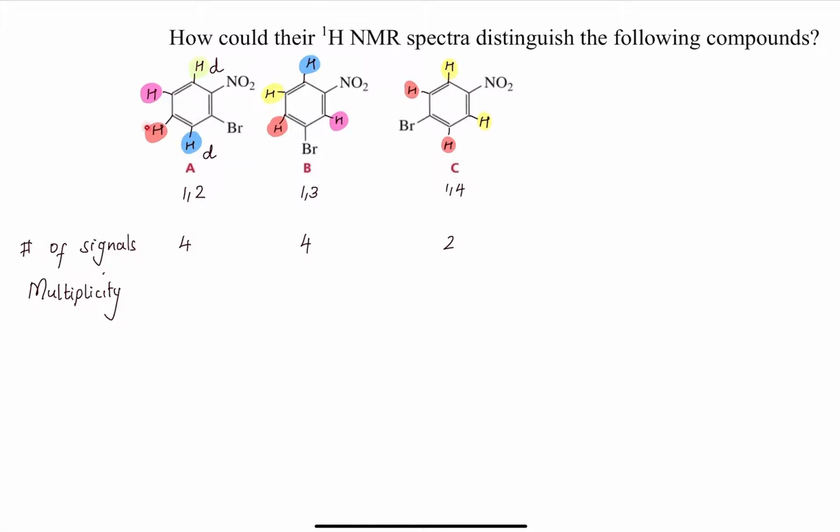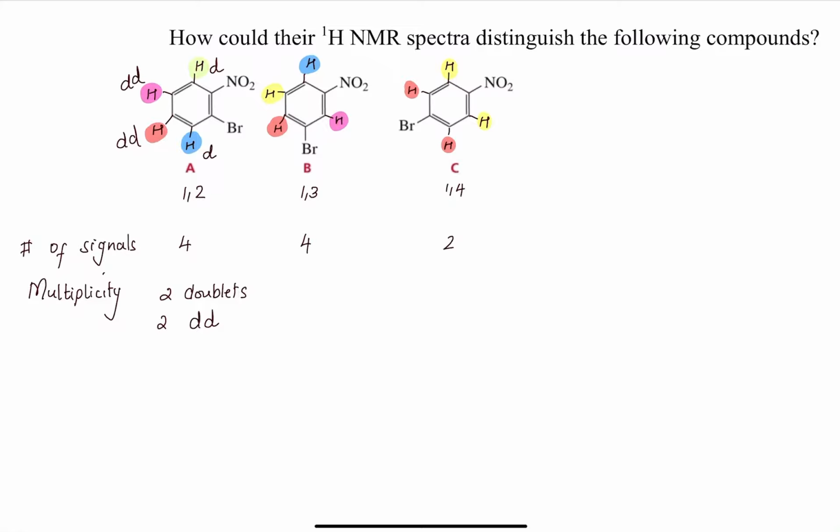So it's going to be a doublet of doublets, and the same thing happens for this hydrogen as well, because of the 2 neighboring non-equivalent protons. So on the whole, from the 4 signals, you will get 2 doublets and 2 doublet of doublets, which is represented like this.